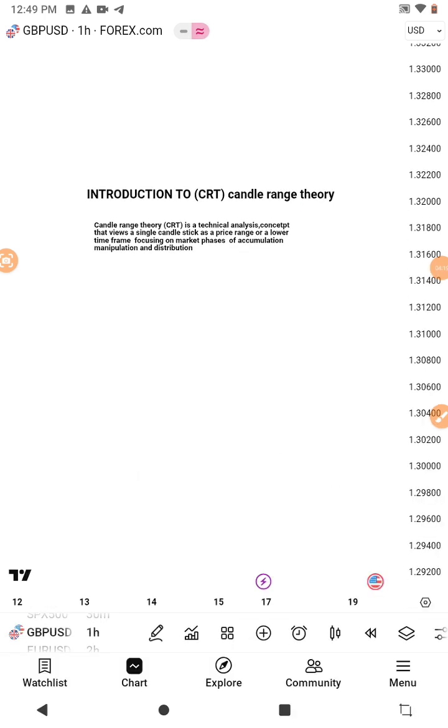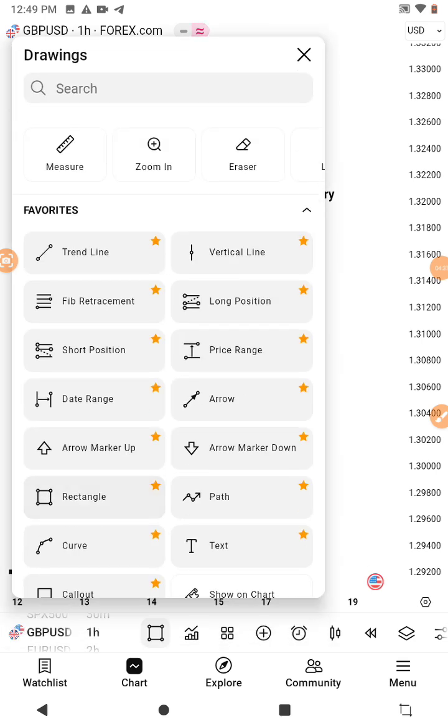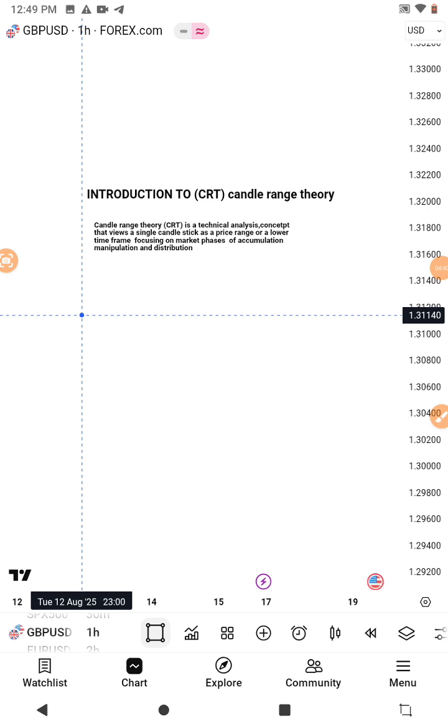So candle range theory is a technical analysis concept that views a single candlestick as a price range of a lower time frame, focusing on market phases, which are called the accumulation, manipulation, and distribution. So in CRT we only study a single candle.